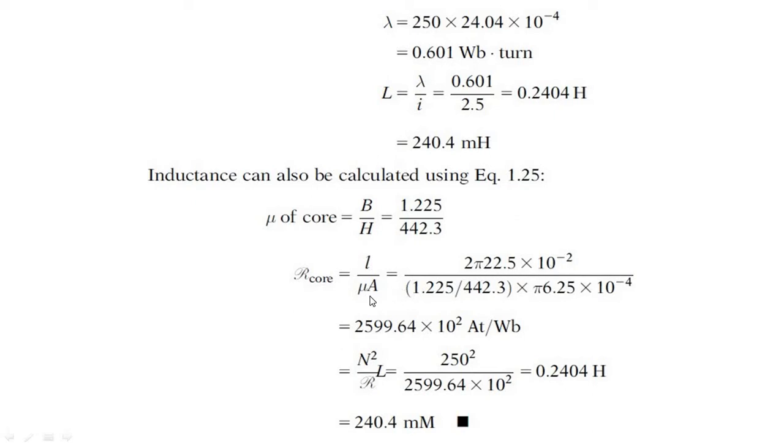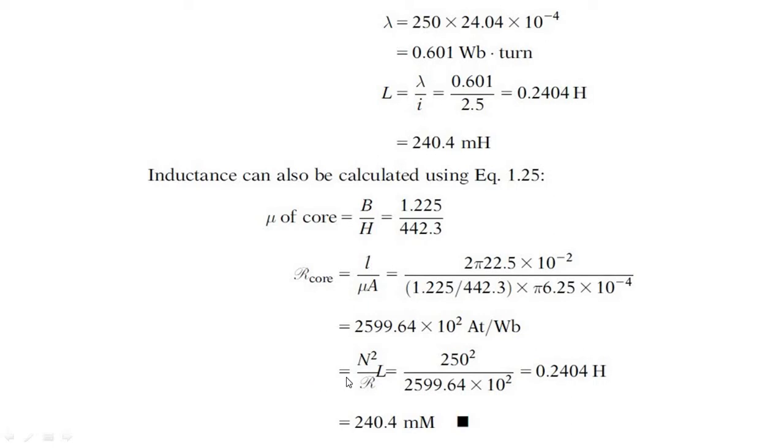Then mu means permeability, and A means area of the cross section. The resultant value of the reluctance is 2599.64 into 10 to the power of 2 ampere turns per Weber.